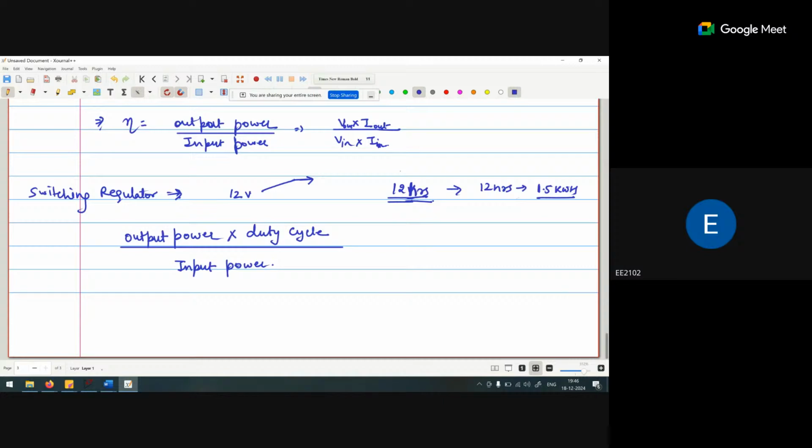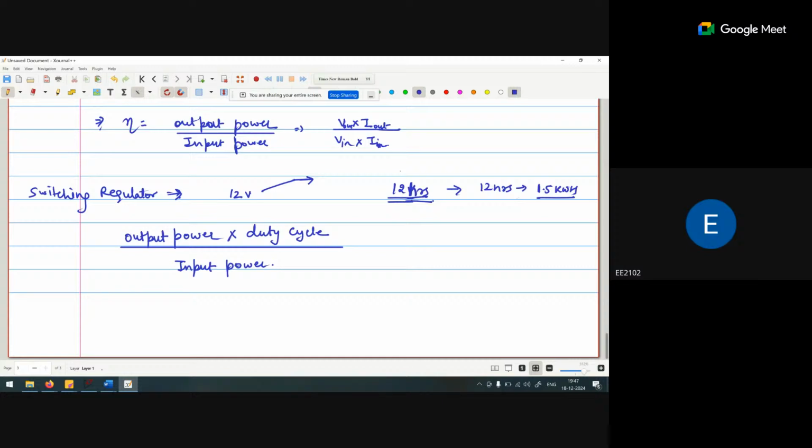I think the duty cycle in this is in the denominator. We are using one storage device.